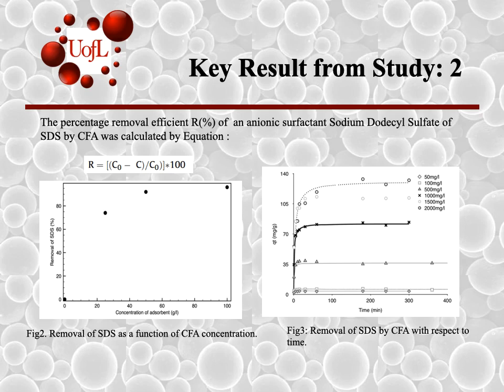The percentage removal efficiency, which is R, of the anionic surfactant SDS by CFA was calculated by these equations. Here, C0 is the initial concentration of SDS and C is the concentration of SDS at time t. In this process, they took 3 SDS solutions mixed with different concentrations of CFA, such as 25, 50, and 100 grams per liter, respectively.